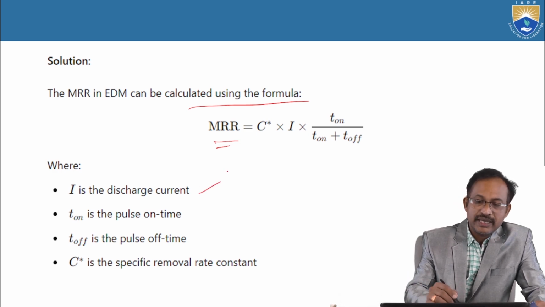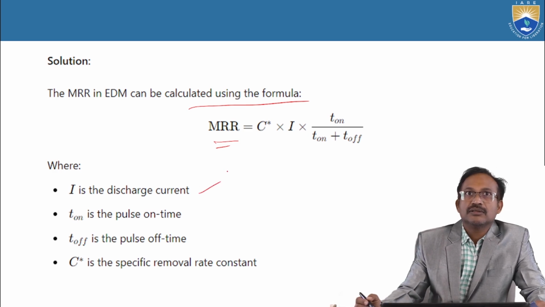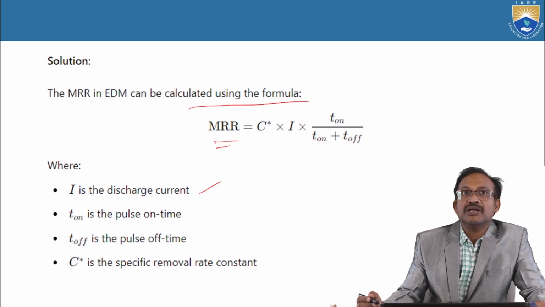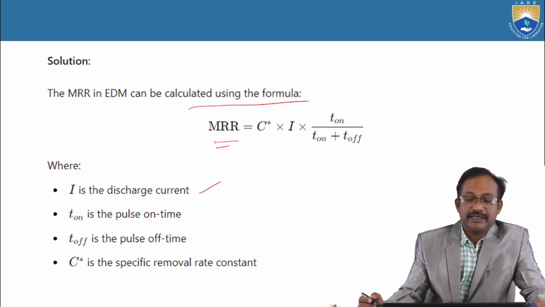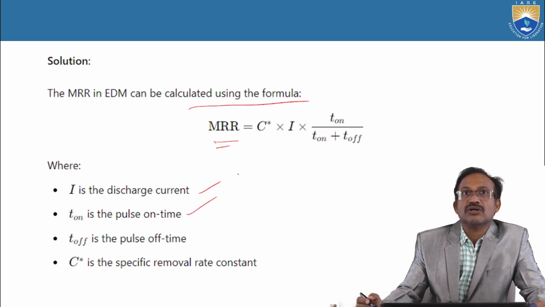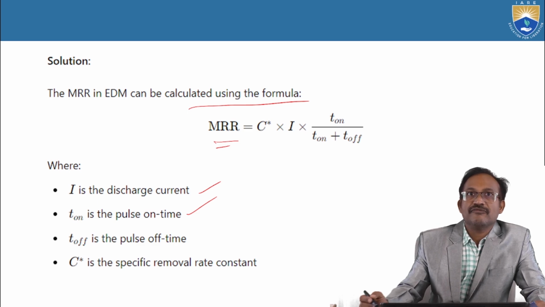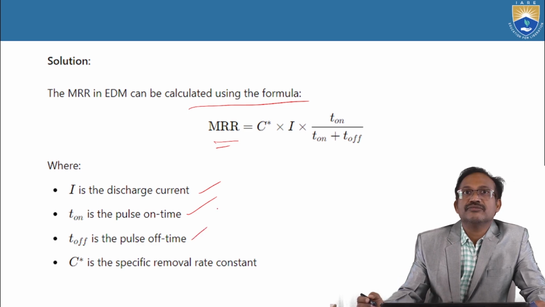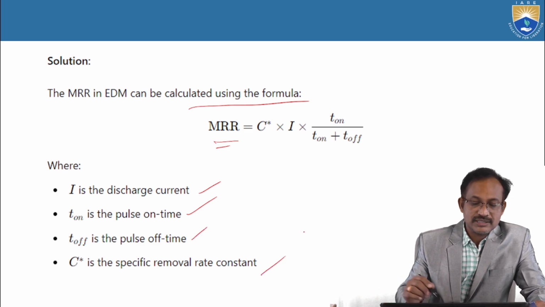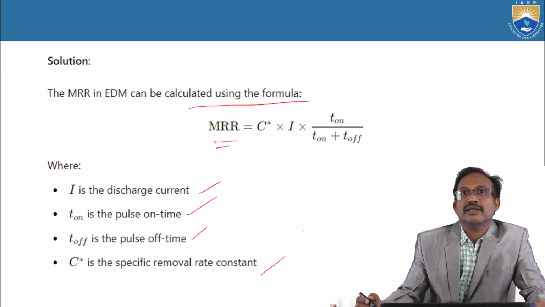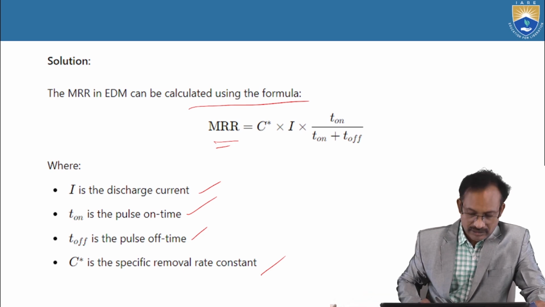What is I? I is the discharge current. T_on is the pulse on time. T_off is the pulse off time. C* is the specific removal rate constant.